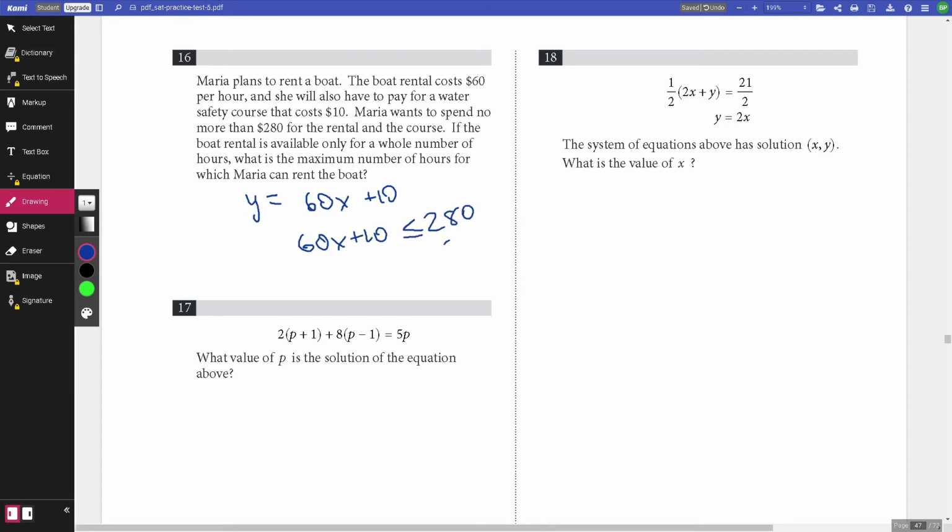So let's solve: 270 is greater than or equal to 60x, so x is less than or equal to... How many times does 60 go into 270? That's about 4 times. So that's the maximum number of hours. So that's the answer, 4.